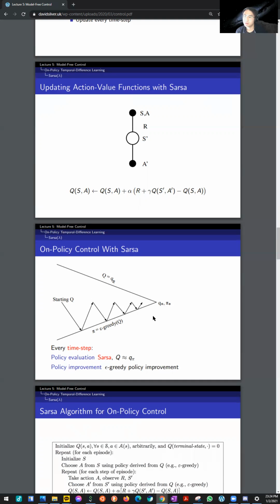And then obviously our action would lead to the next state. That's also randomness associated there, determined by the environment.